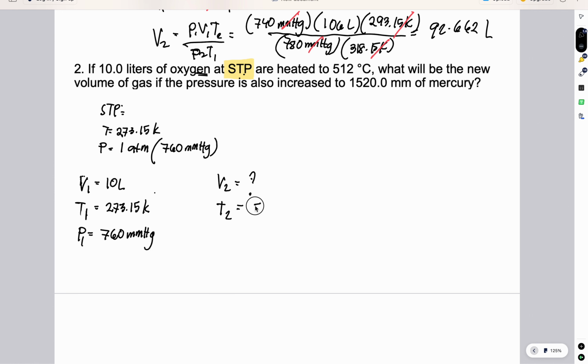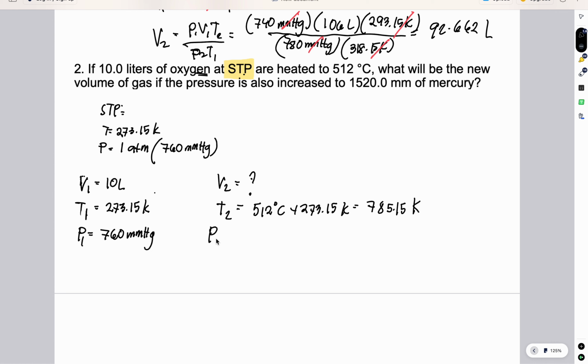T2 will be 512 degrees Celsius plus 273.15 K, which is 785.15 Kelvin. So again, the oxygen is at STP, given the temperature and pressure.